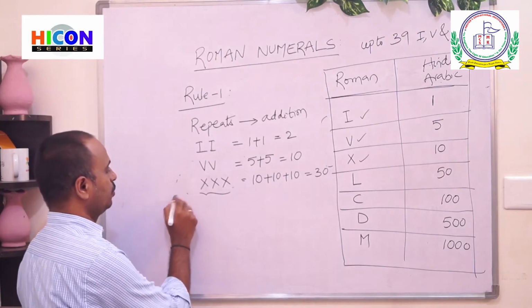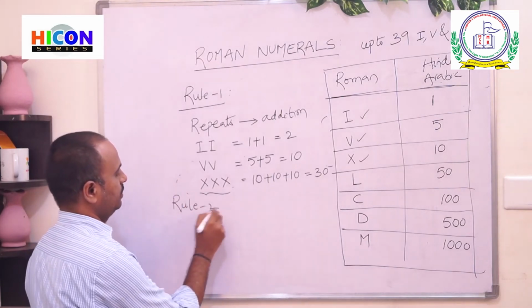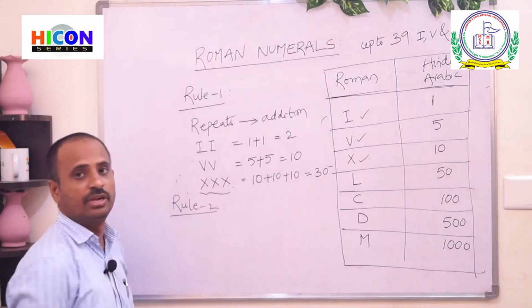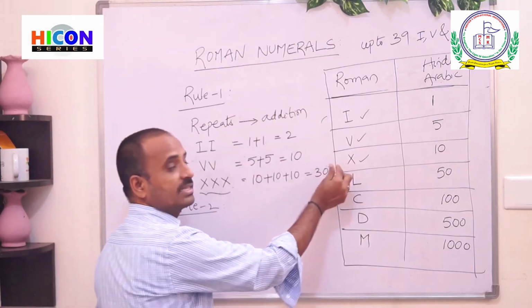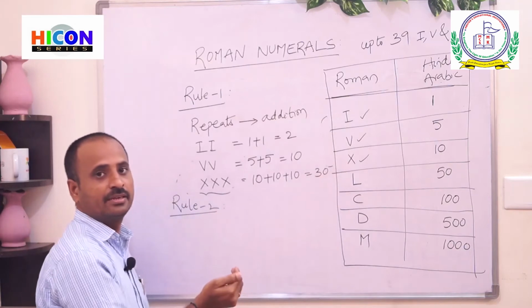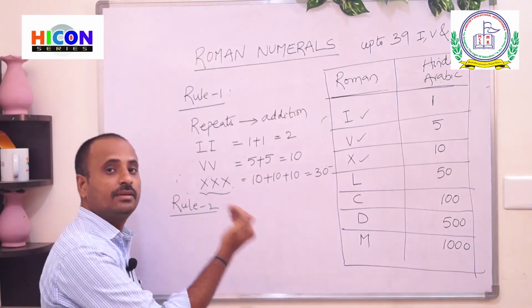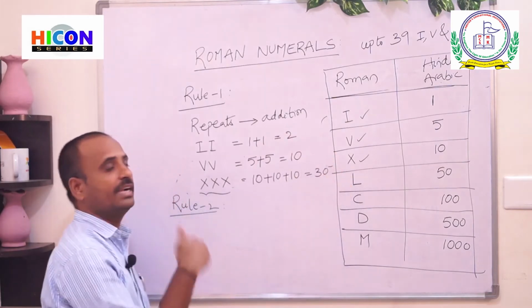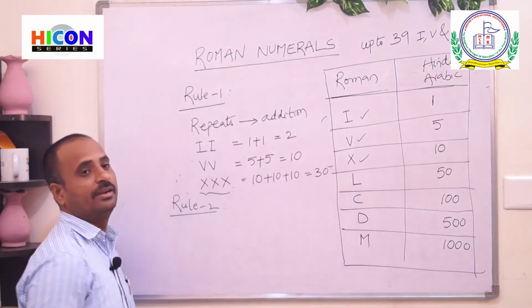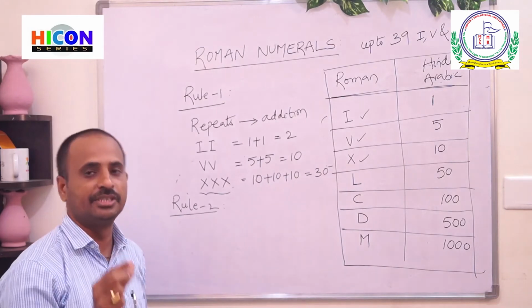So next, rule number 2. What is rule number 2? Children, if a smaller symbol is written on the right side of the bigger value, then we have to make addition.